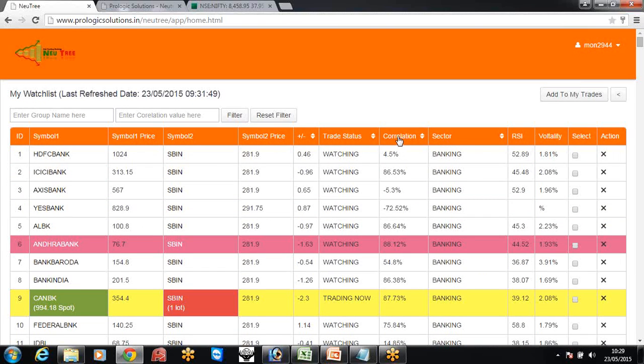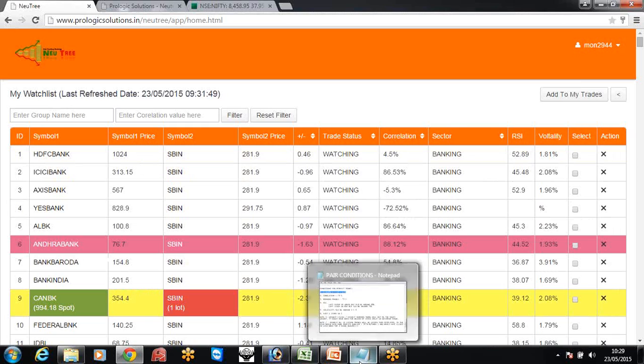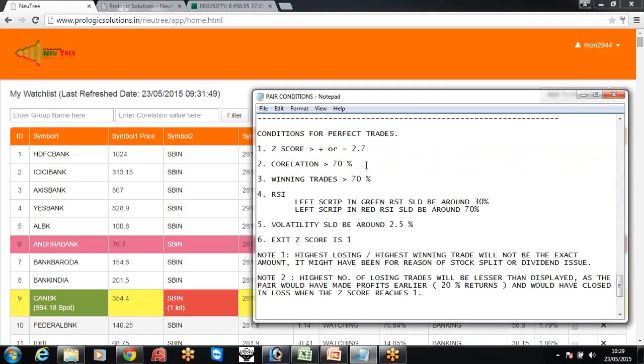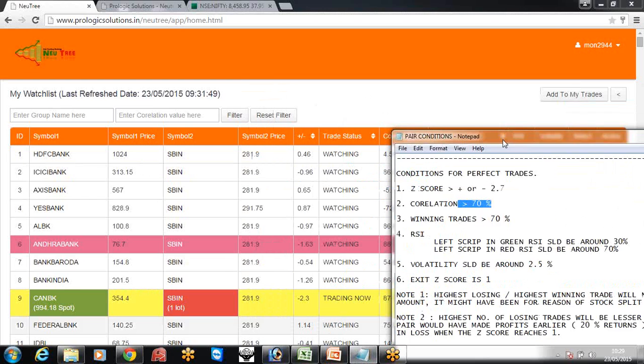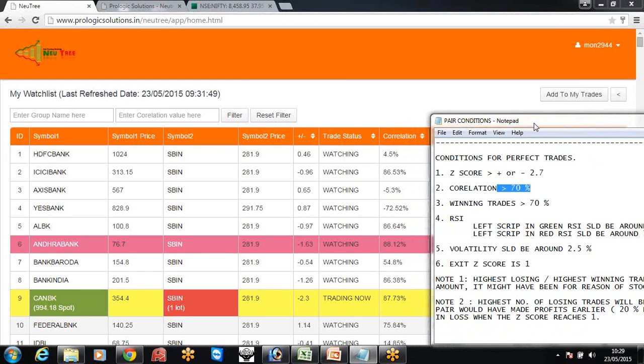We have something called correlation. I've already told you, the correlation between two particular scripts in a group, that is their kind of business, should always be more than 70%.